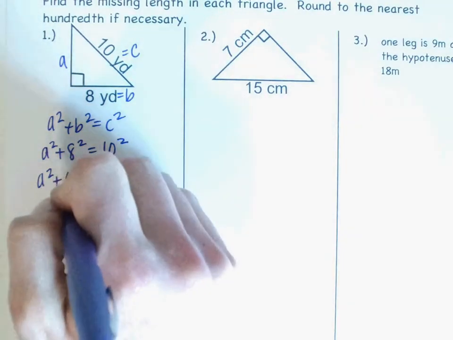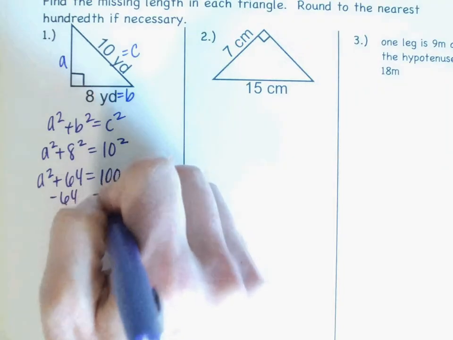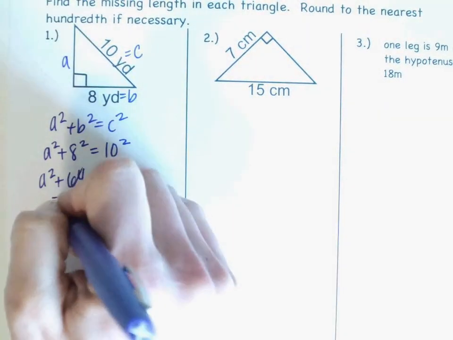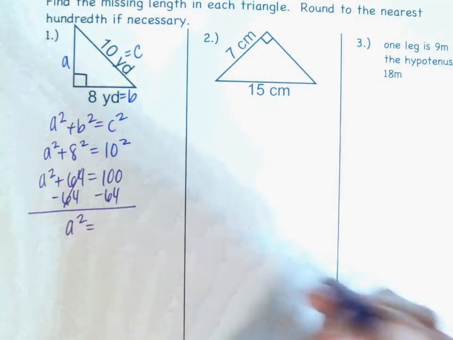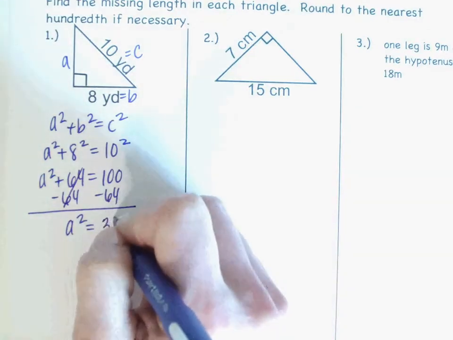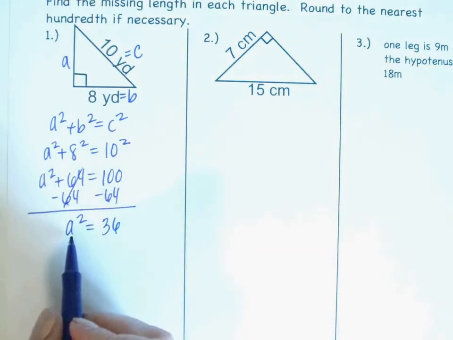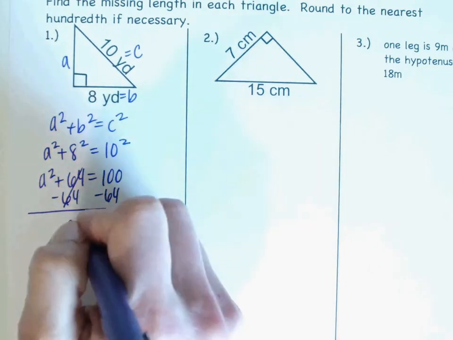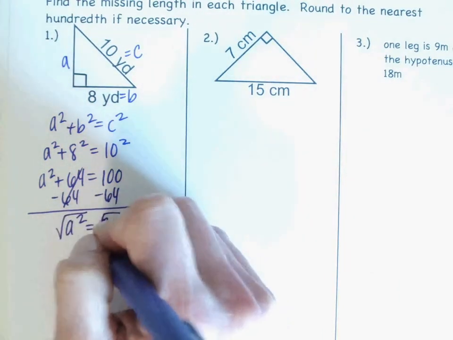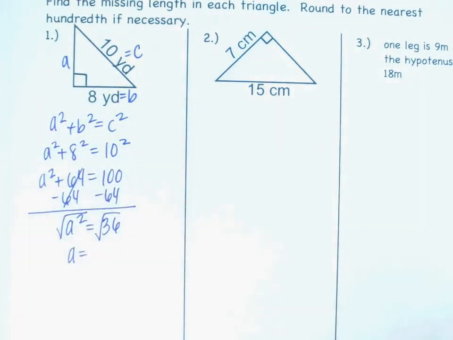We're going to subtract 64 from both sides. When I do that, I have A squared is equal to 36, and then from here, remember to solve for A, get it by itself, the inverse of A squared is to find the square root. So we'll take the square root on each side.